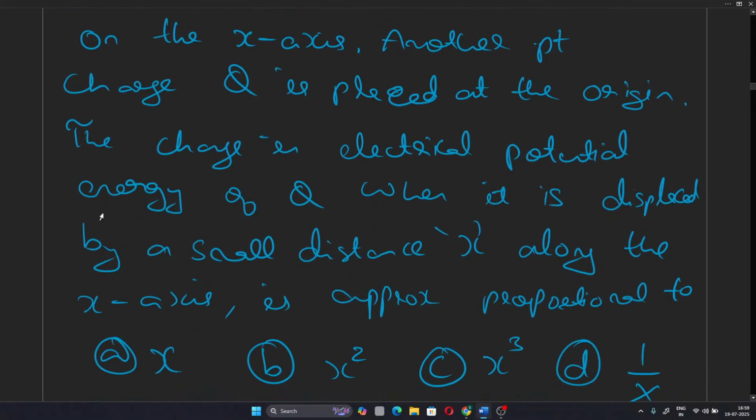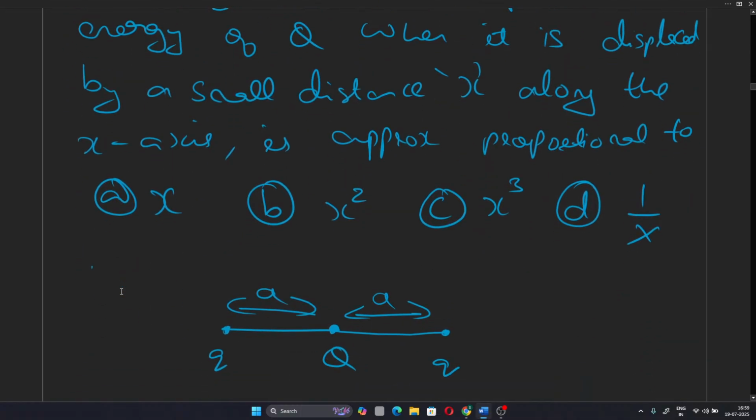The change in electrical potential energy of q when it is displaced by a small distance x along the x-axis.